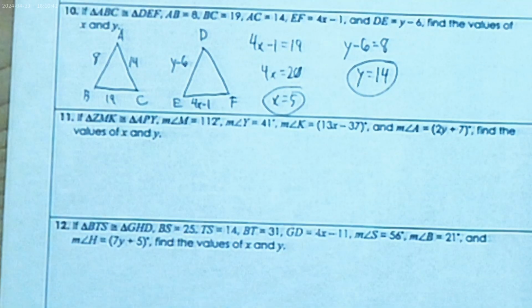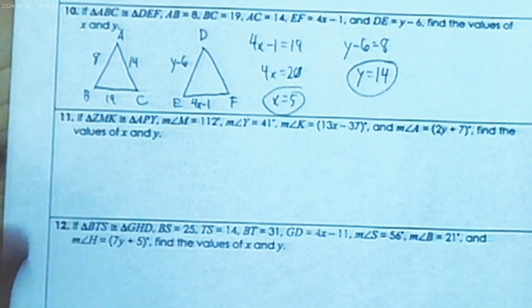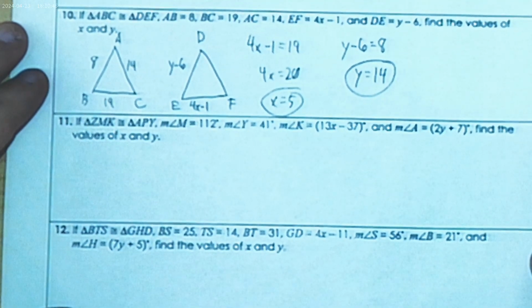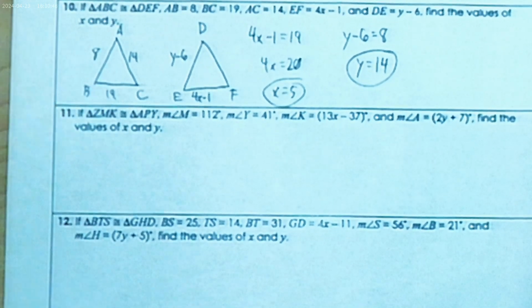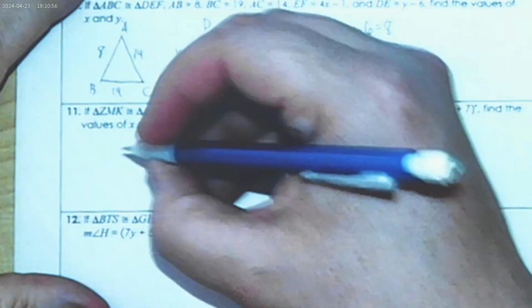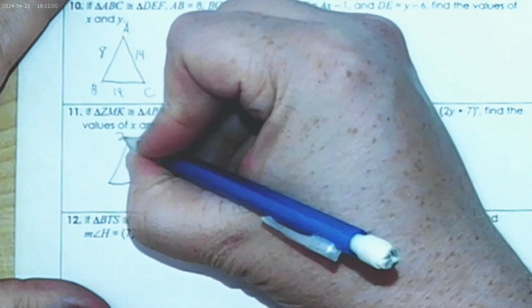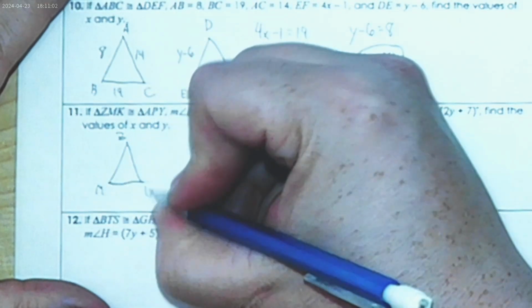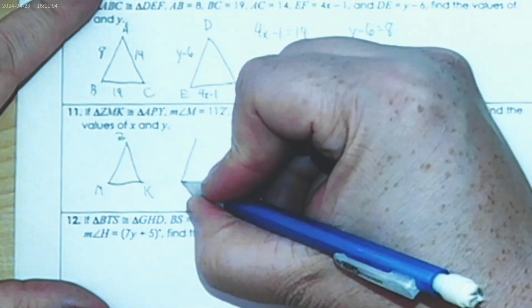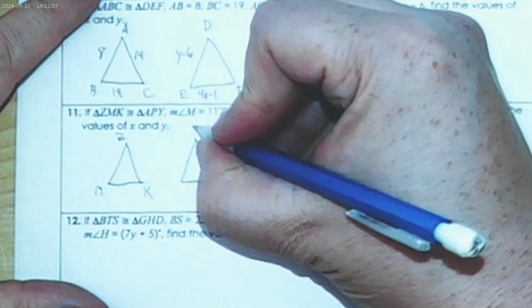All right, so for the next one, I've got triangle ZMK congruent to triangle APY. Looks like I've got a bunch of angles here, but that's no big deal. I've got triangle ZMK, and then I've got triangle APY.